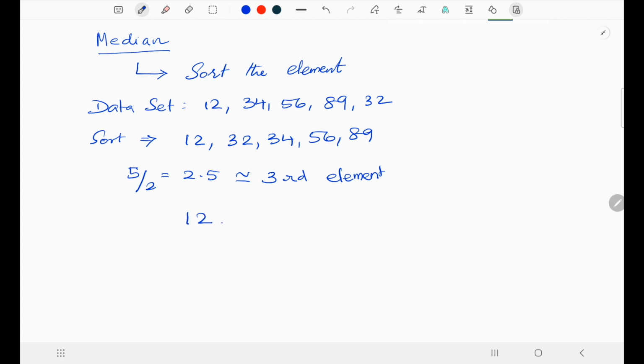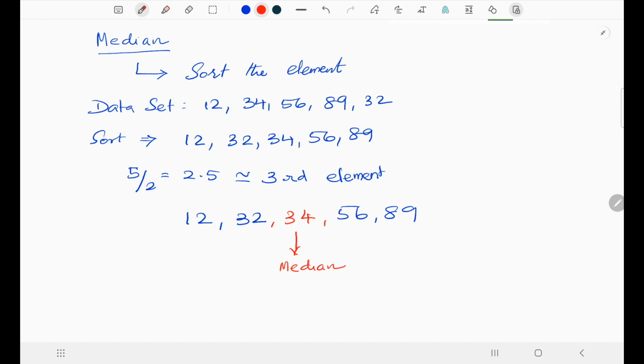So 12, 32, 34 is the middle one, then 56 and 89. This is called the median.